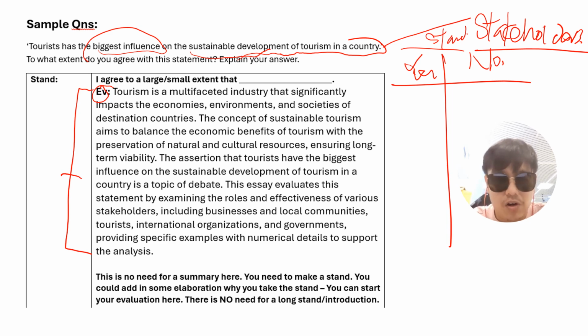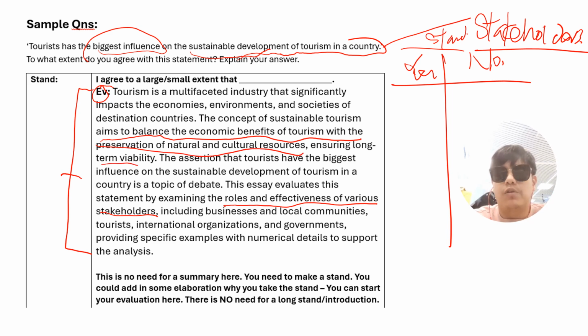Because I am trying to talk about the roles and effectiveness of various stakeholders. I'm trying to let the marker know that I know that we need to balance the economic benefits of tourism with the preservation, ensuring long-term viability. I know this for long-term, right?